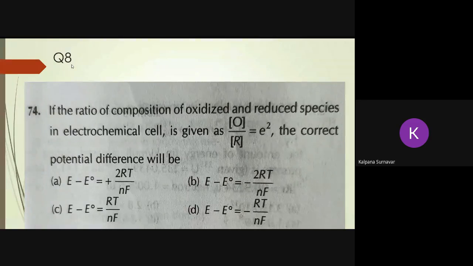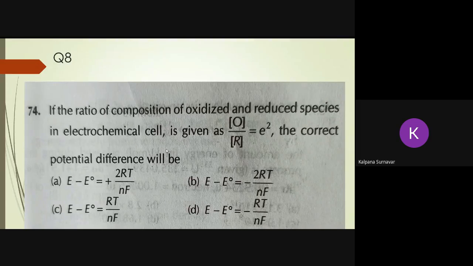And question number 8 is here. If the ratio of composition of oxidized and reduced species in an electrochemical cell is given as concentration of oxidized species divided by concentration of reduced species, which is equal to e square, the correct potential difference will be... This question was asked for 4 marks in the previous year NET exam.